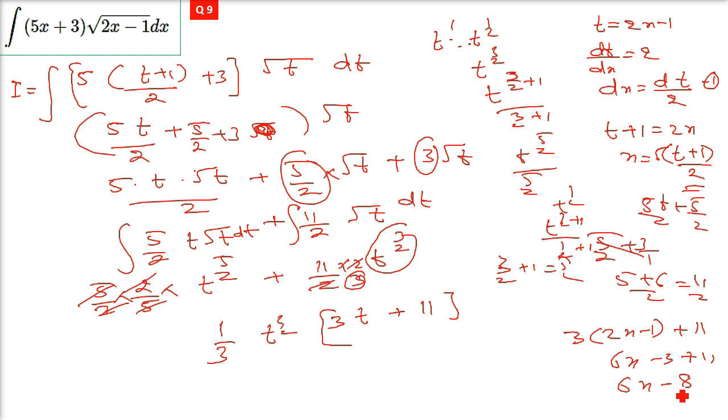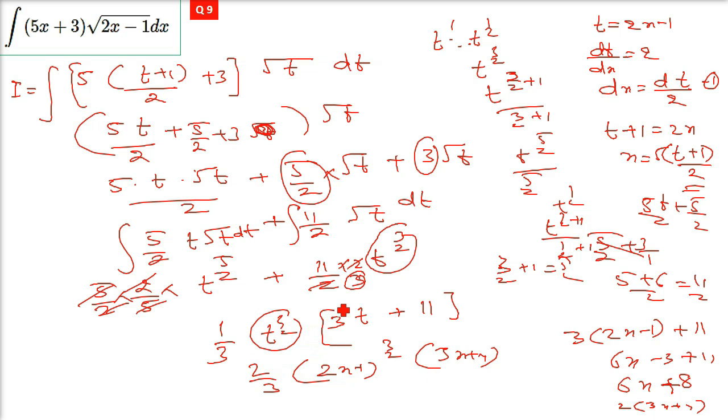And 2 you can take common, it will be 3x plus 4 in this. So 2x minus 1 to the power 3 by 2, and you can take 2 common, 2 by 3. So this is your final result.